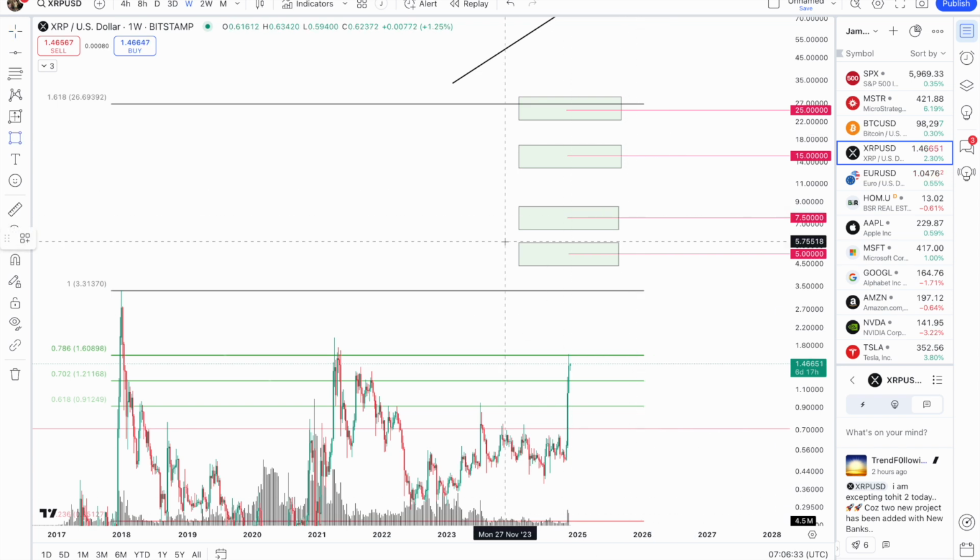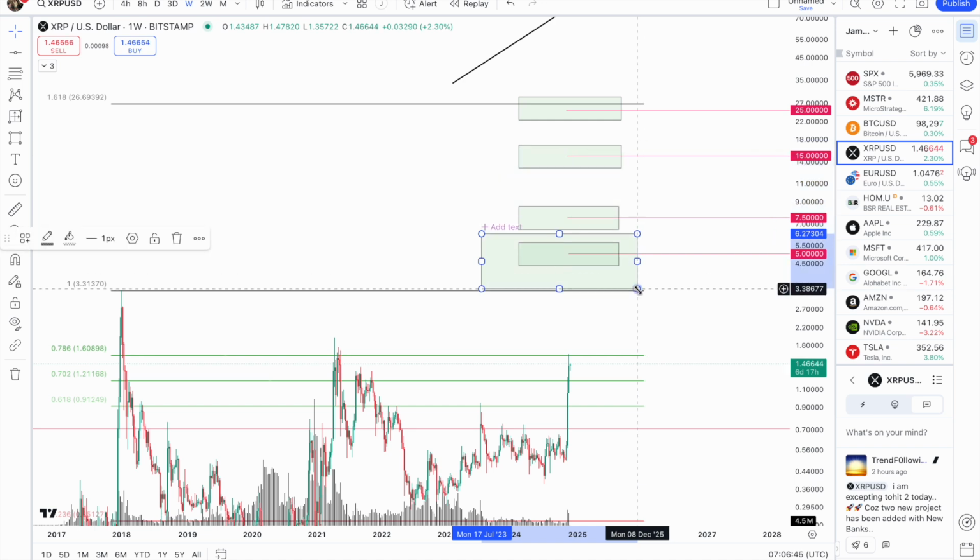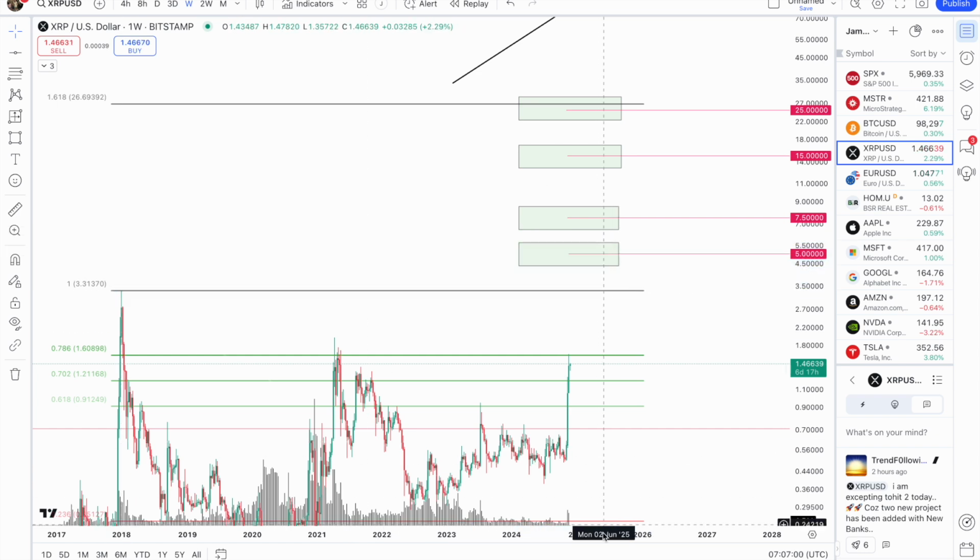Now, more conservatively and more realistically, I would say somewhere between $7 to $15. And then essentially $5 is pretty safe, because if you think about it, just to get back to all-time high, that's $3.30. At that point, you're only $1.70 away from reaching $5. And percentage-wise, you're only a 50% move away.